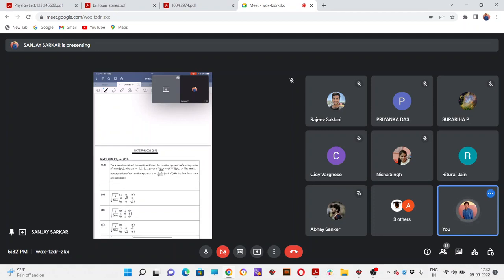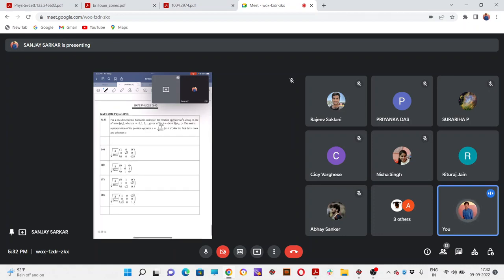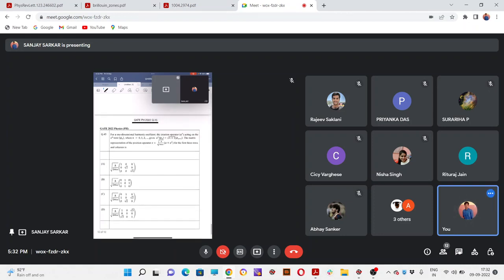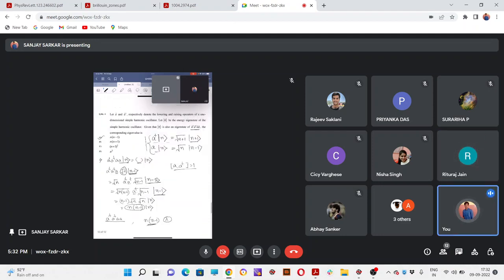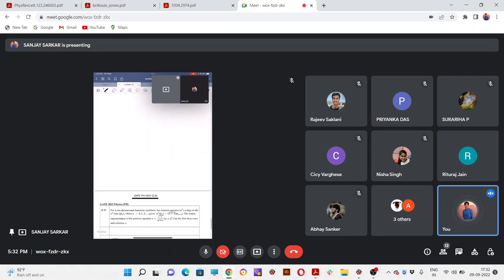The matrix representation of the position operator x for the first 3 rows and columns is which one? So in this question you have to find the matrix representation of x, the position operator, for the first 3 rows and columns. So in this question also you need to use these two properties and you can find the matrix representation.